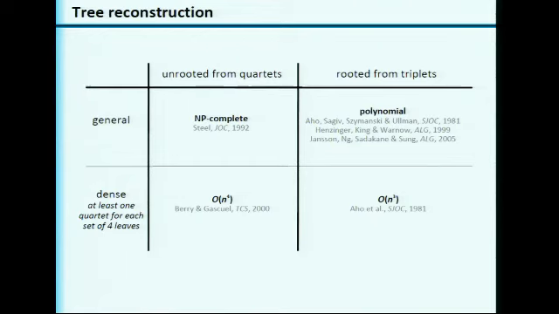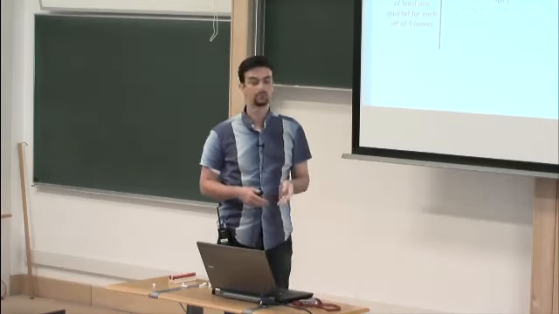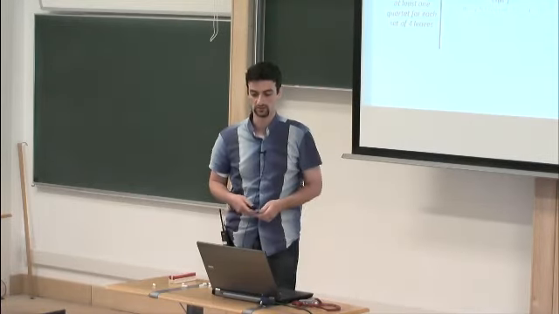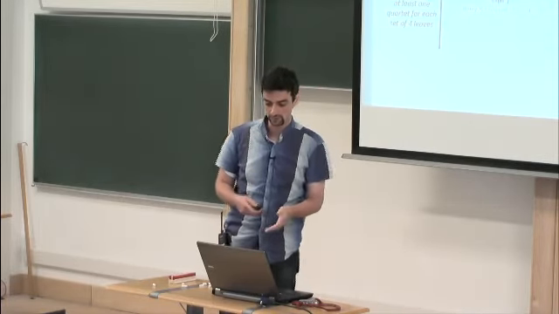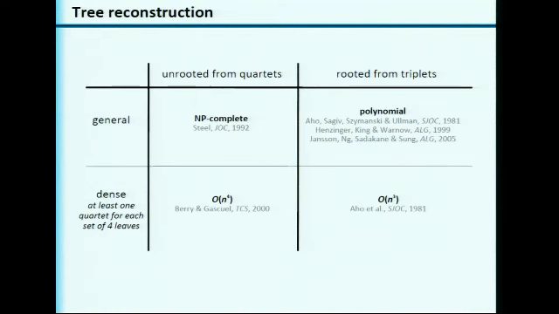And in fact, when you go to a dense data set, which means that for every subset of 4 leaves or 3 leaves, there exists a quartet or a triplet in your input, then it becomes easy. For example, you can use this algorithm by Berry and Gascuel to reconstruct the unrooted tree, or an optimal one, because you have all the triplets, by Aho and its co-authors.